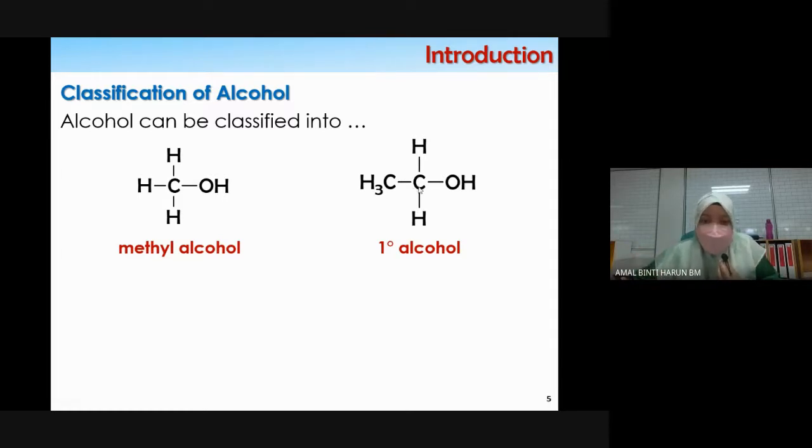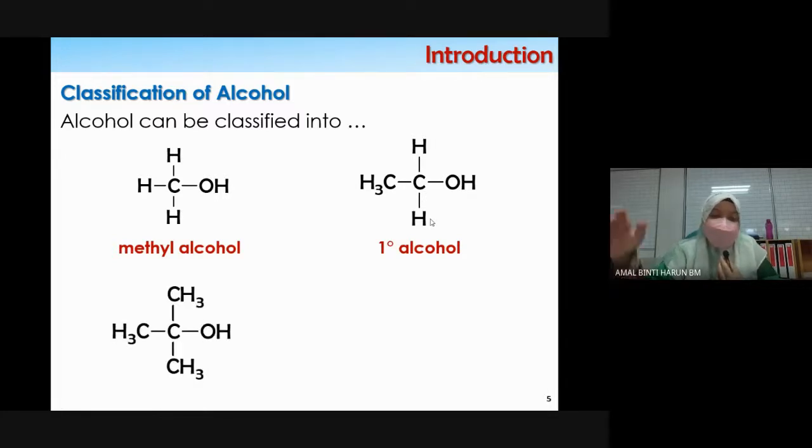So, macam mana kita tahu carbon ini adalah carbon primary? So, this carbon is bonded to another one carbon. So, this carbon is primary carbon. Kalau dia primary carbon, OH attached to primary carbon, so this alcohol is primary alcohol.